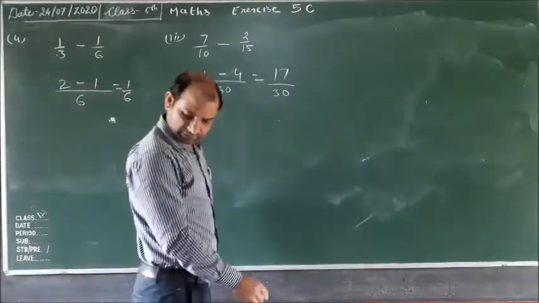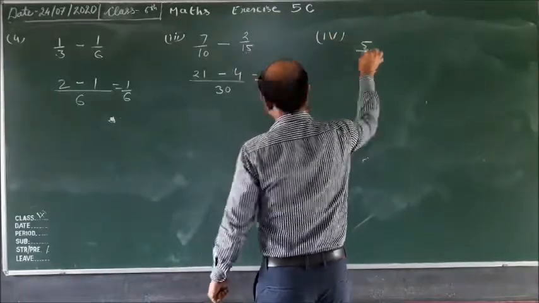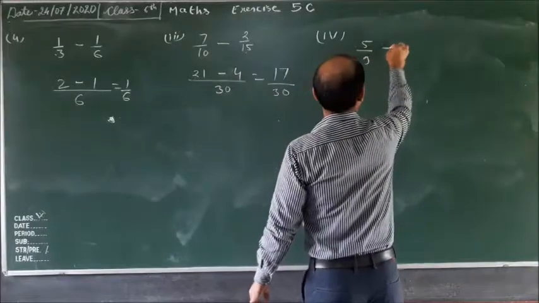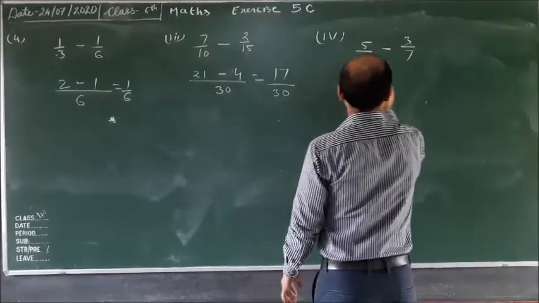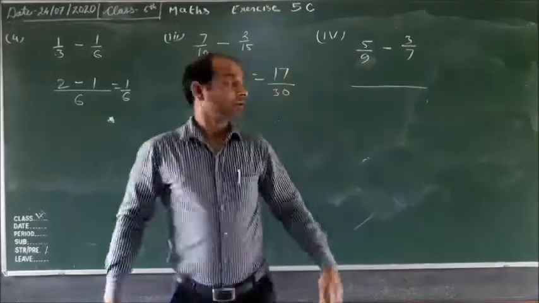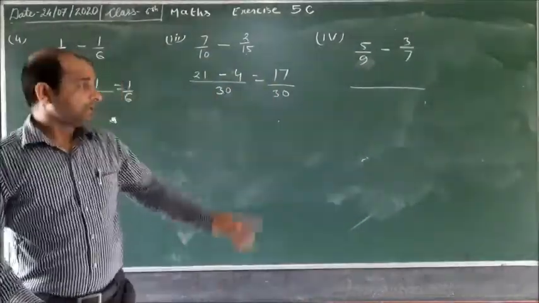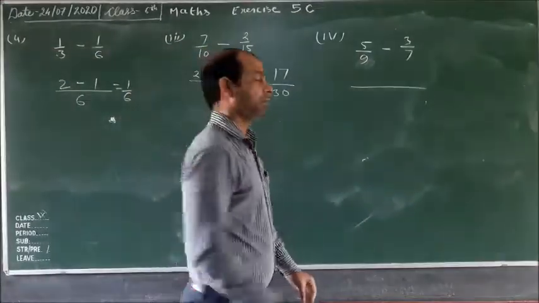Now the question number 4, 5 upon 9 minus 3 upon 7. Now dear children, can you tell me what is the LCM of 9 and 7? The LCM of 9 and 7 is 63. Why?